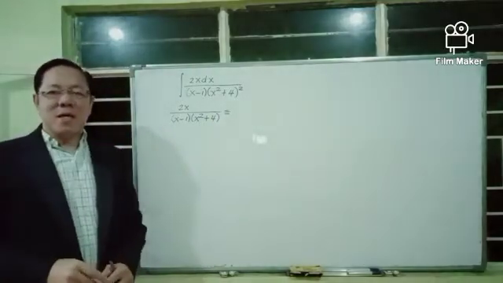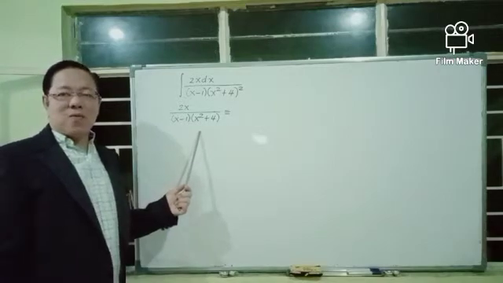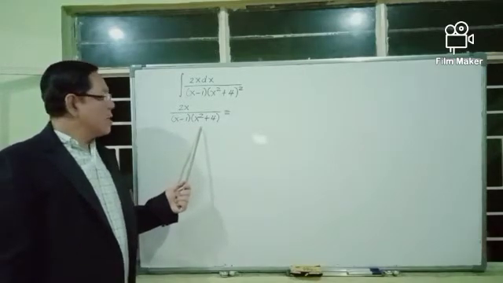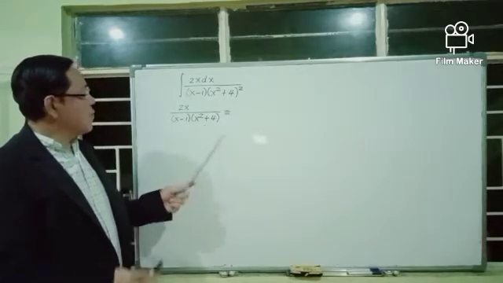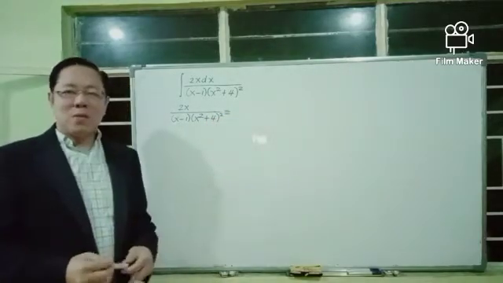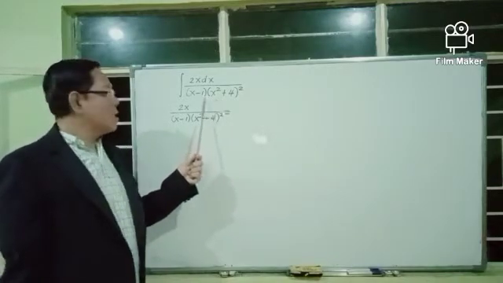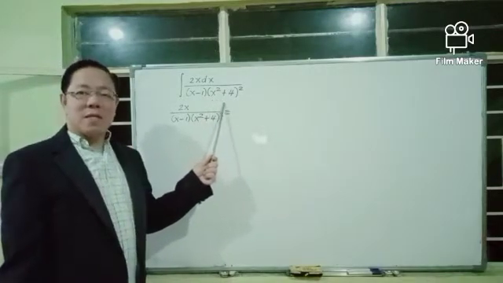In the given integral, the integrand contains this rational expression 2x over quantity x minus 1 times quantity x squared plus 4 to the power 2. You can see that x squared plus 4 is a quadratic expression, and it is one of the factors in the denominator.